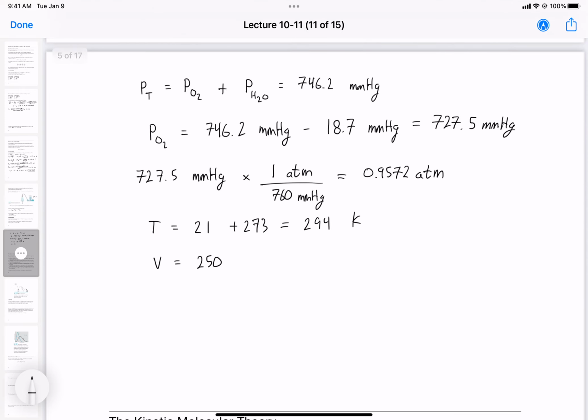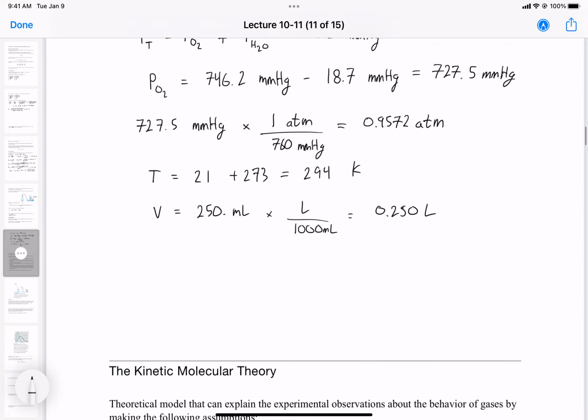We're going to assume that it's just 3 sig figs here. And then we're going to convert this to liters, 1,000 milliliters per liter, which equals 0.250 liters. When we do all that, we're going to solve for moles and then convert that to grams of oxygen here.